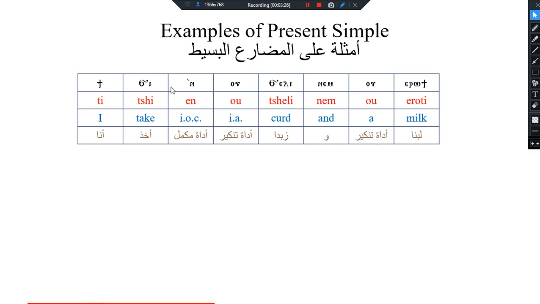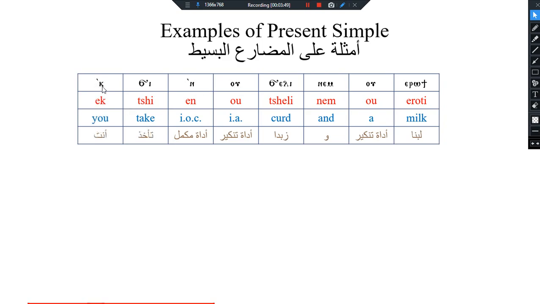Here we begin conjugating the verb with each pronoun to indicate the present tense. I begin with ti, it means I, plus the verb chi, plus indication of complement, plus the complement following it, preceded by an indefinite or definite article according to what the speaker wants to say.